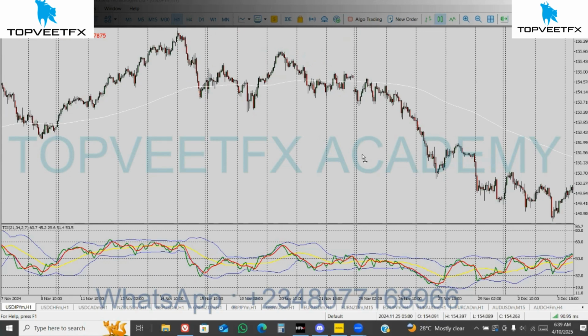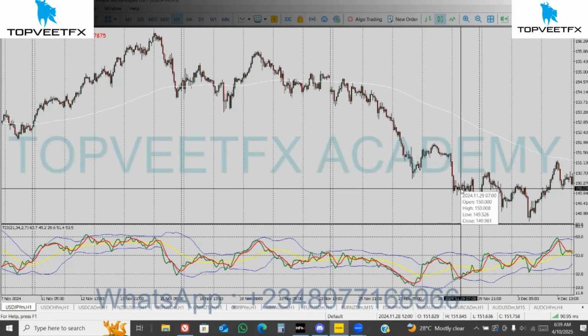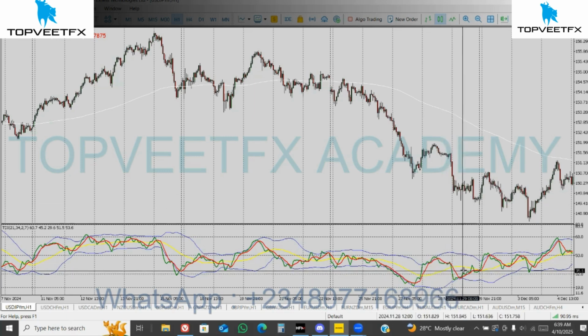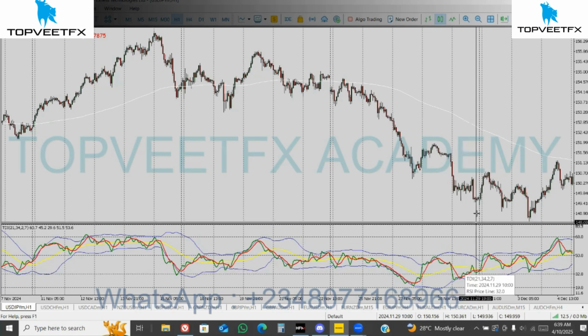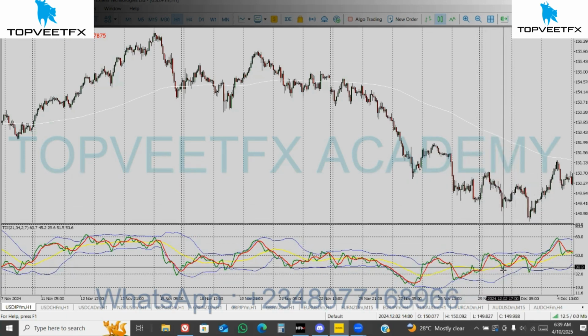Now let me show you another one here. You can see the market started dropping, pulled back, dropped. When it dropped, you can see that the MBL is already showing direction. They push, they came, they push. You can see they keep on creating divergence.